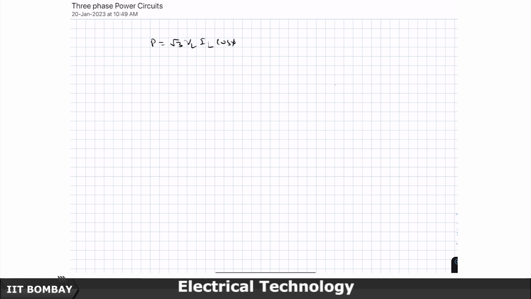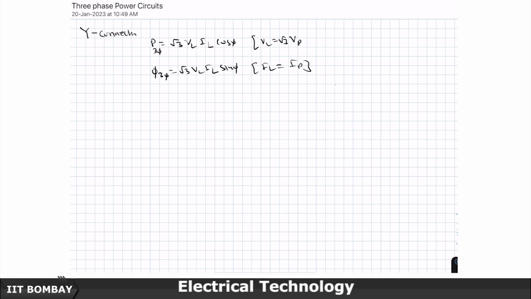This is for three phase power, and Q equal to root 3 VL sin phi. Now, today we are going to show that the same thing happens as far as the power expression and Q expression are concerned. This is for a star connection.